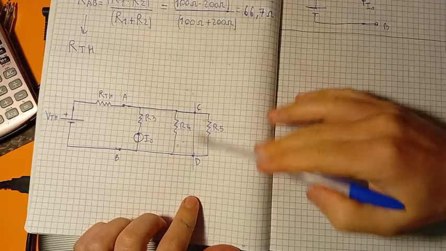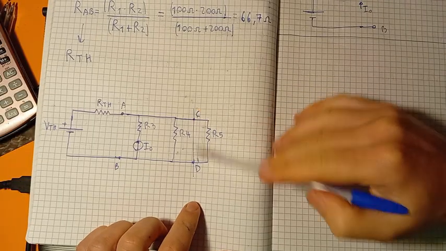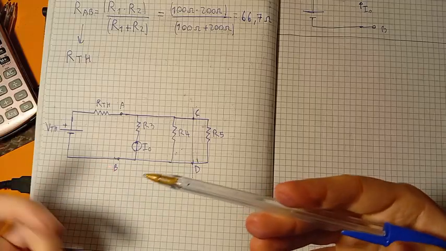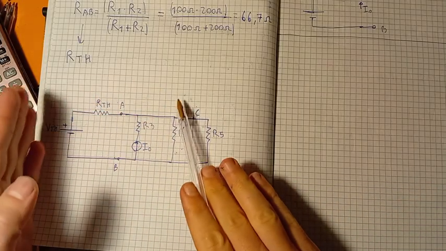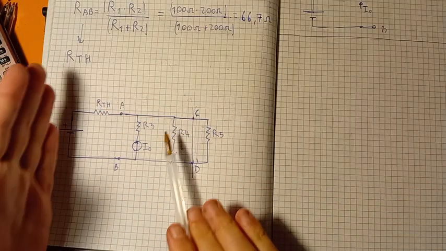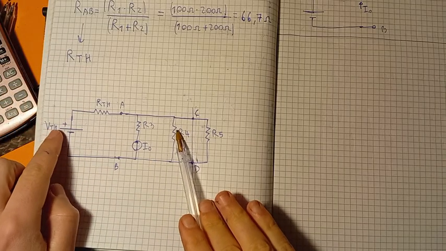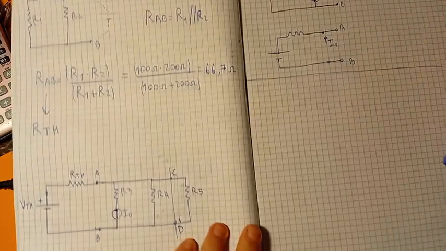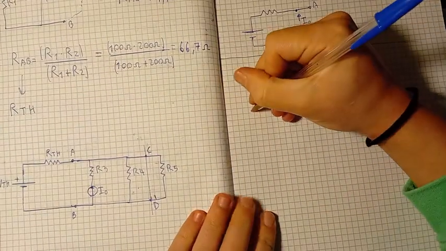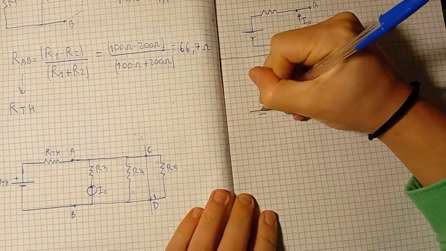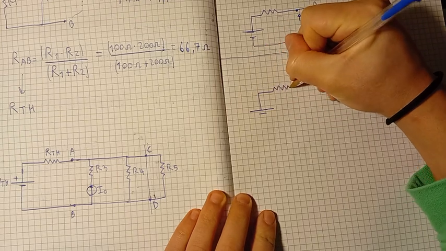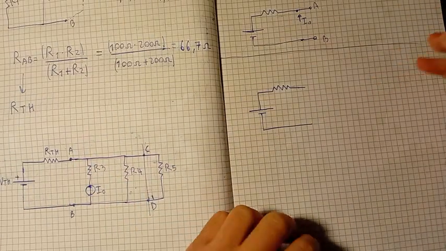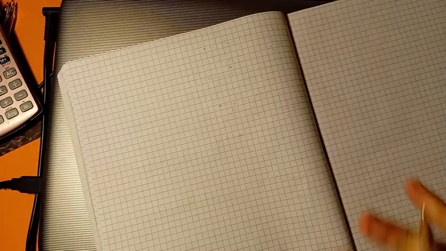Let's do this, okay? Let's cut the circuit here, let's copy all this part, and let's transform it, and then we'll place it back here. So let's take this part of the circuit, all of this, and let's copy it back here. So we have this, then this. I'll draw it a bit bigger.